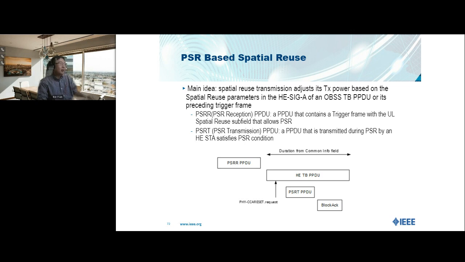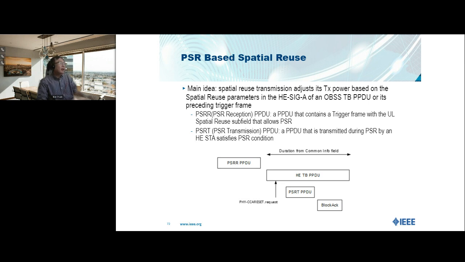Okay? So what it really means, let's slow down a little bit and look at what happens when we have a trigger-based transmission sequence. First of all, the AP sends a trigger frame, okay? This trigger frame is carried by a PPDU.